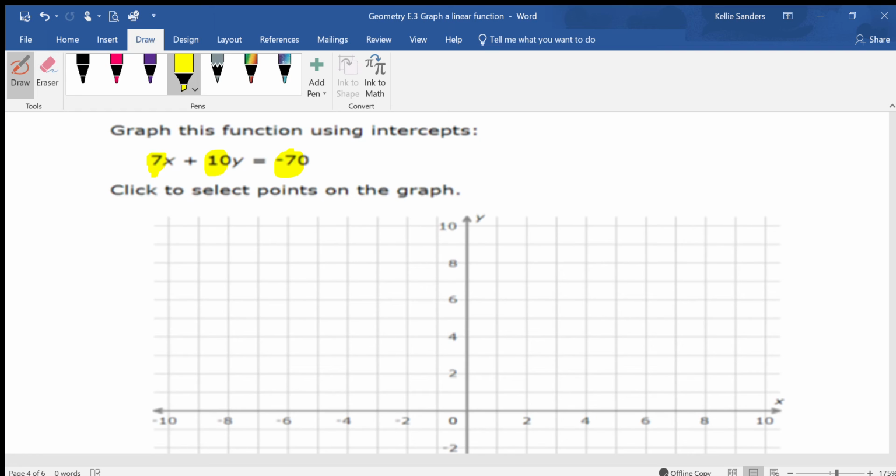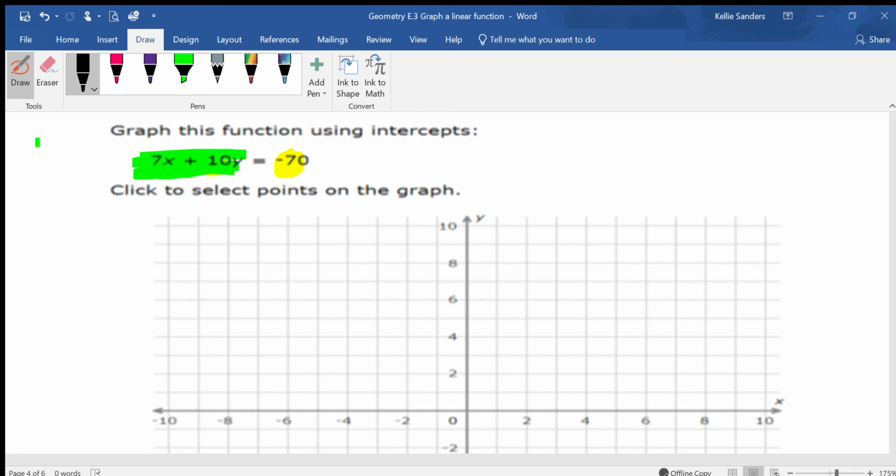And then look at 70. 7 and 10 are factors of 70, which means I can multiply 7 by something to get 70, and I can multiply 10 by something to get 70, okay? When that happens, and you have the x and the y on one side, and then the 70 on the other, you don't necessarily have to get it in y equals mx plus b form. Sometimes on IXL, it's not going to help you if you do.